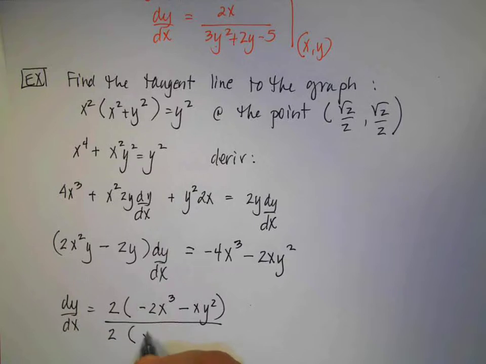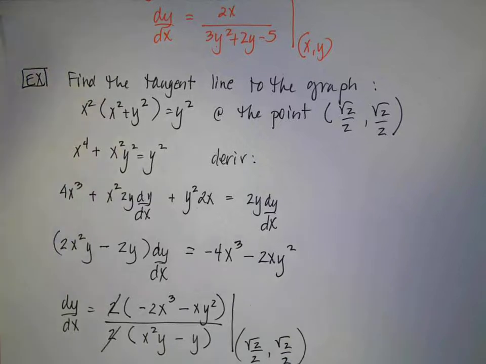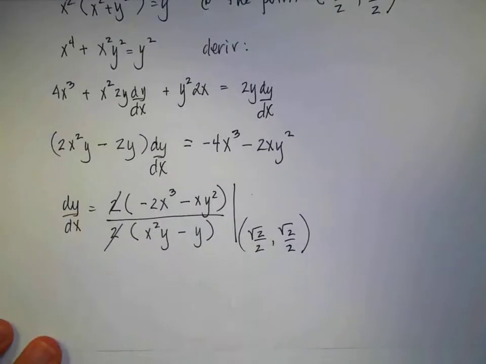And I'm going to divide by a 2 factored out, x squared y minus y. I could factor out an x on the top and a y on the bottom, but I don't know that that's actually going to do me any good. The 2's do cancel, and so now I'm at a point where I can substitute in the point that they gave me, and it's not a very polite point, okay?